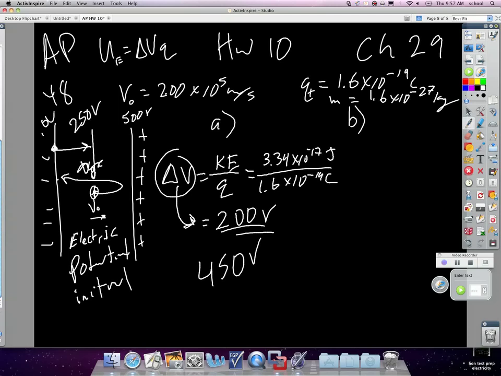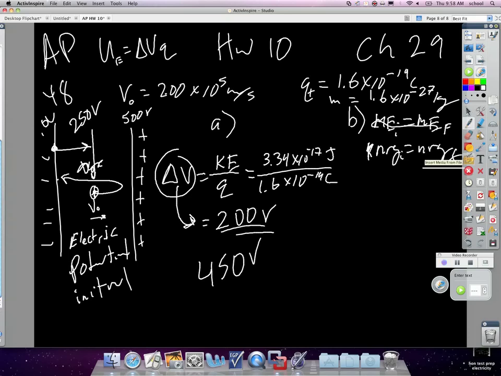What they're telling us is, and again, I apologize for not reading the problem clearly. Once we know this, then we can just say that energy is conserved. So the initial mechanical energy is, I'm sorry, energy is conserved.